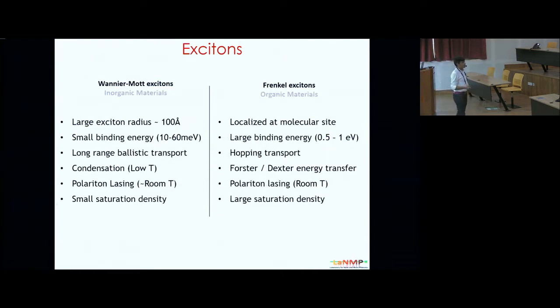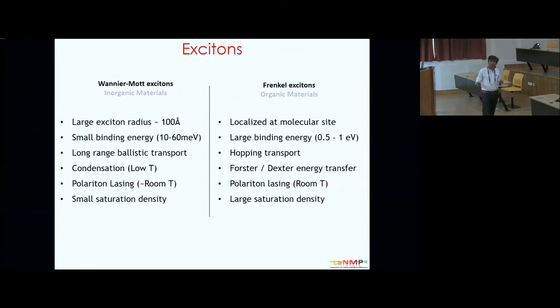They have small binding energies, with a material like zinc oxide having the highest binding energy of about 60 milli-electron volt. Because of this delocalized nature of the exciton, they have long-range transport. Condensation has been shown in polariton systems, lasing, and they also have small saturation densities. So these are some of the properties of Wannier excitons.